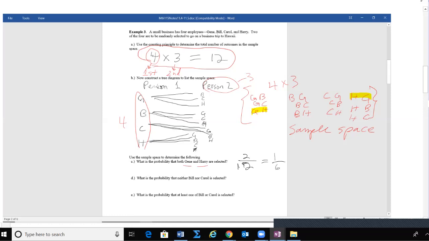Okay, what's the probability that neither Bill nor Carol is selected? Well, let's go back over here, and I'm going to use a different color. I'll go with blue. So I want neither Bill nor Carol. I have to come through here and look for something that does not have a B or a C. Okay, here's one.